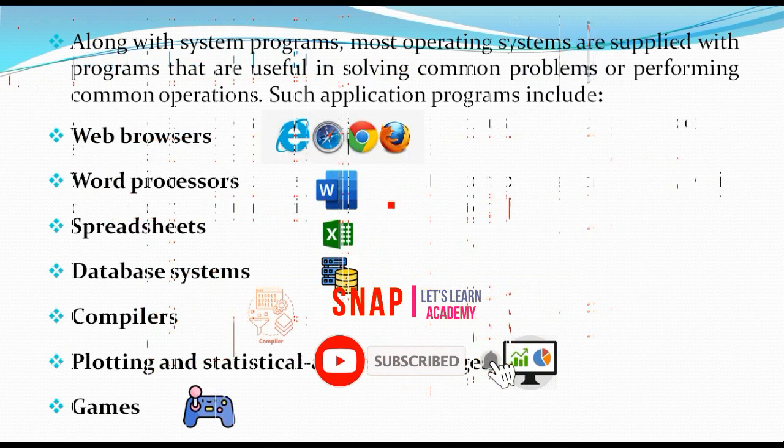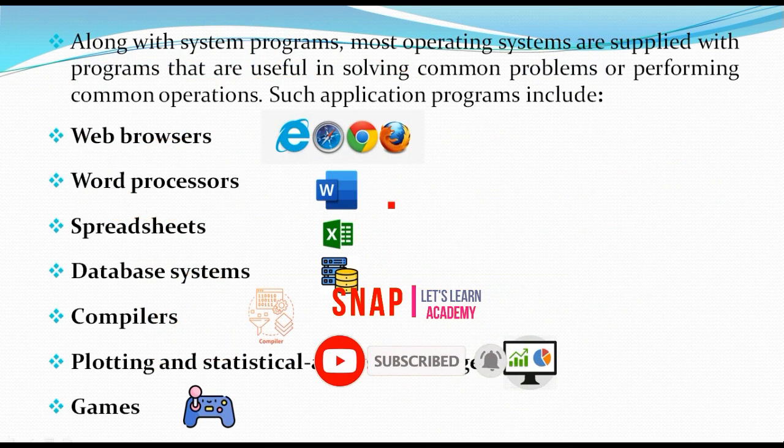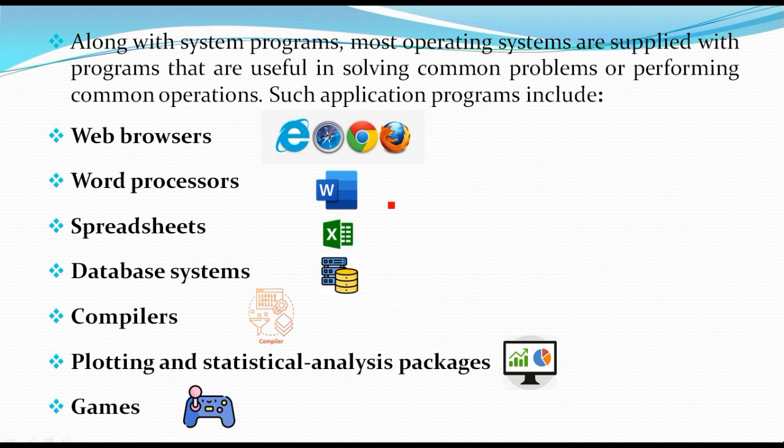Right, so along with the system programs, we have other programs that are useful in solving common problems or performing common operations. For example, web browsers: we have Internet Explorer, Chrome, Mozilla Firefox, etc. All these are web browsers, which are also programs.